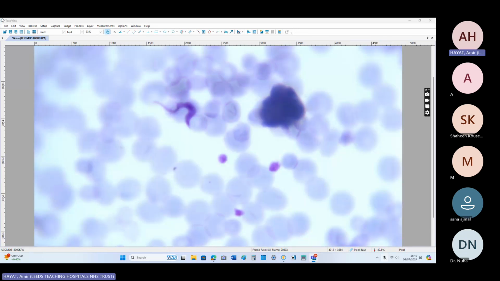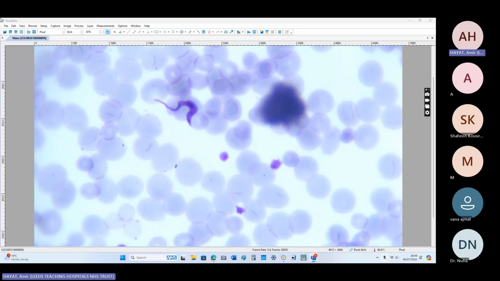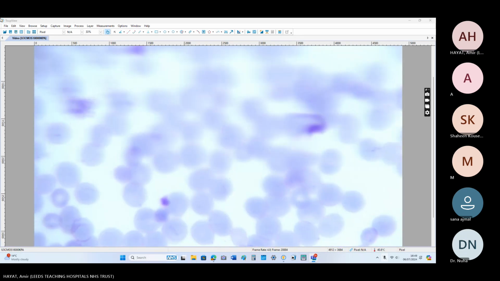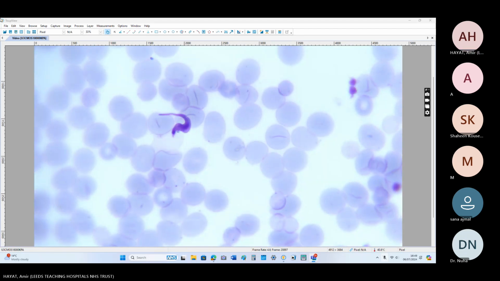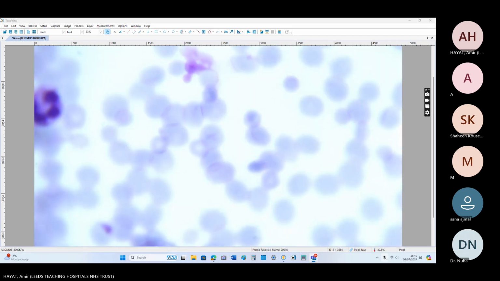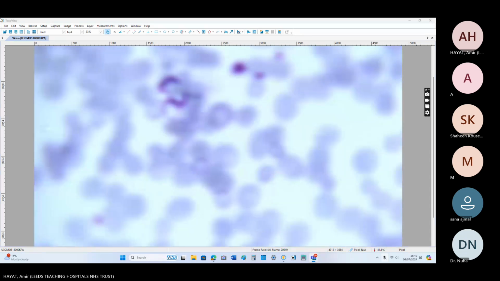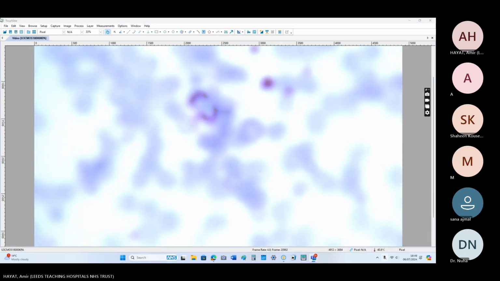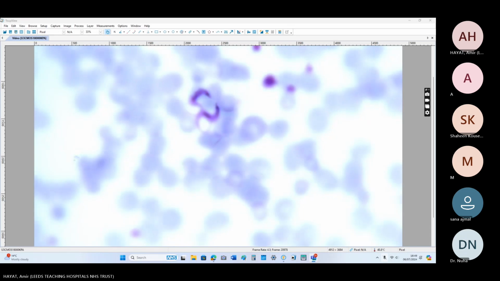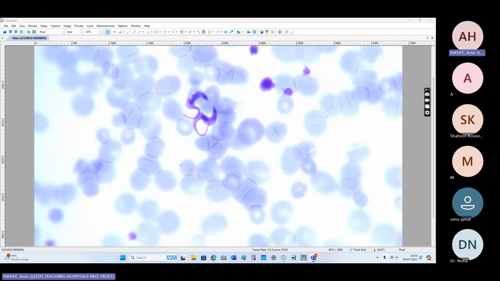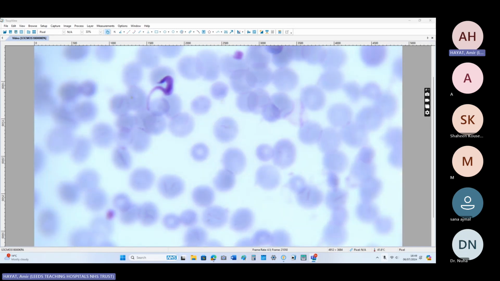This is not that much curved. These two, this is a bit curved as well.